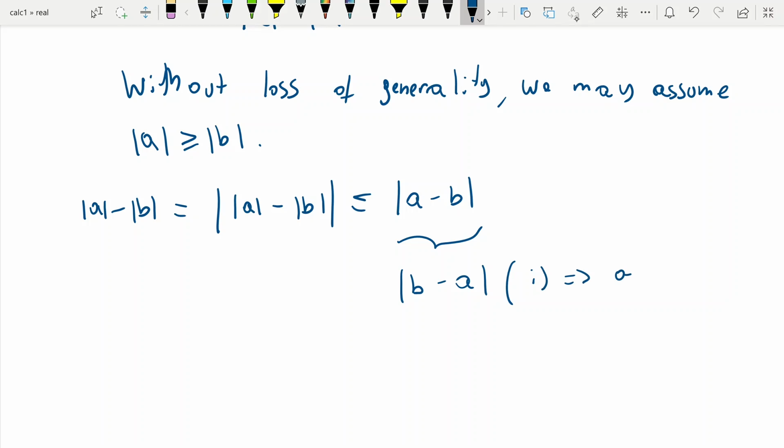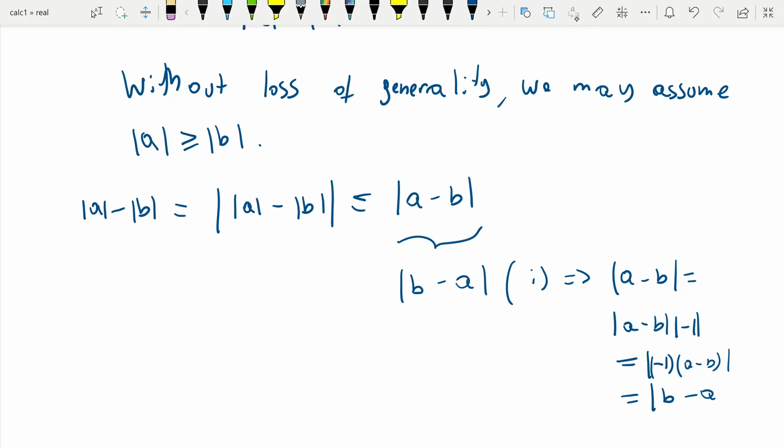That the absolute value of A minus B is the same thing as the absolute value of A minus B times the absolute value of minus 1, which is 1. And this is equal to, and we can bring the minus 1 inside, minus 1 times A minus B, all of that in absolute value, which is just the absolute value of B minus A. Okay, so this follows simply from the first property.